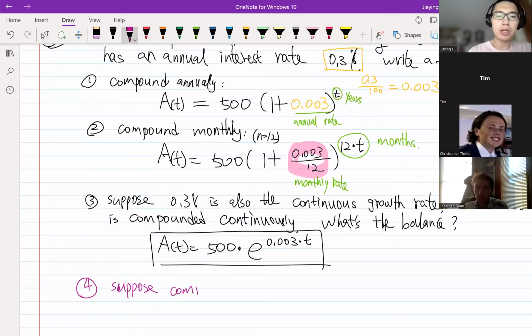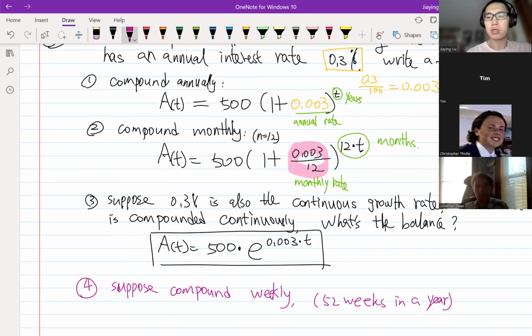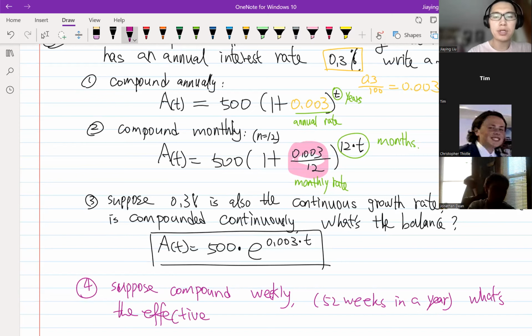Suppose compounded weekly, and if you recall, there are 52 weeks in a year. So what is the effective annual interest rate? I'm not looking for the balance. I'm looking for the effective annual interest rate.